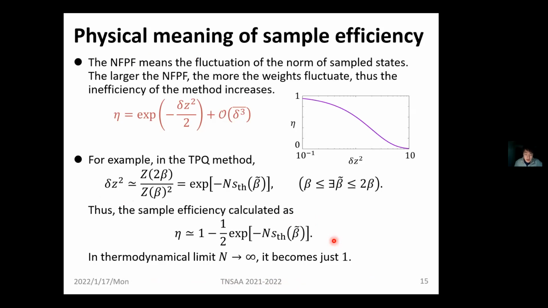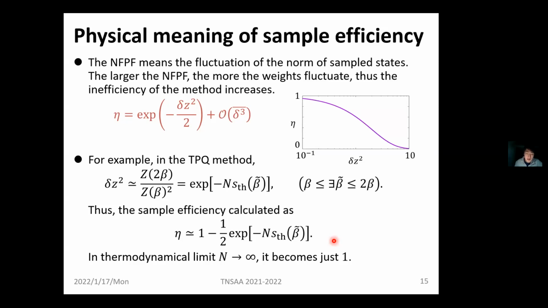The physical meaning of sample efficiency is explained as follows. The NFPF means the fluctuation of the norm of the sampled state. The larger the NFPF, the more the weights fluctuate. Therefore, the inefficiency of the method increases.